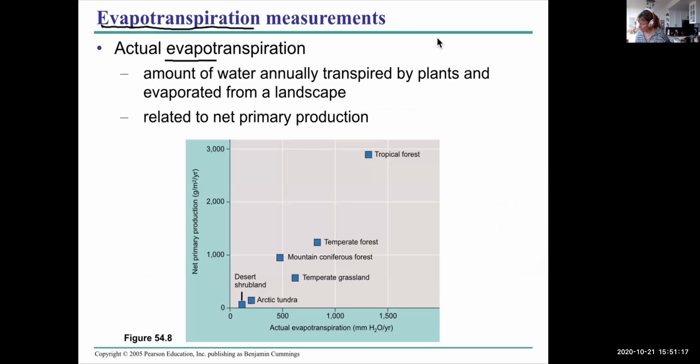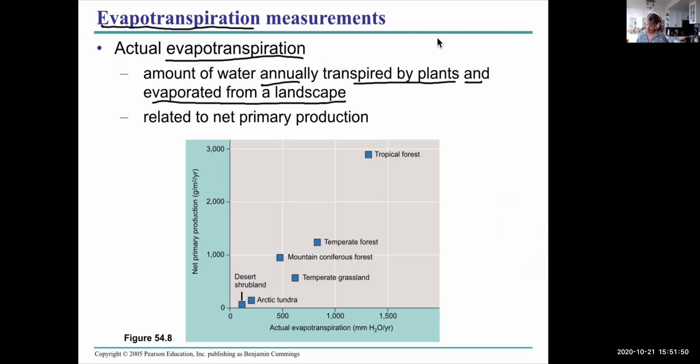So what evapotranspiration is, it's the amount of water annually transpired by plants and evaporated from the landscape. And it's related to net primary production because the more a plant grows, the more it uses oxygen, and the more it uses carbon dioxide, and the more evapotranspiration there is.